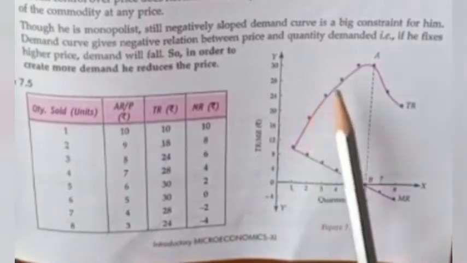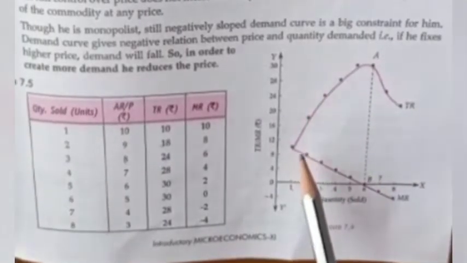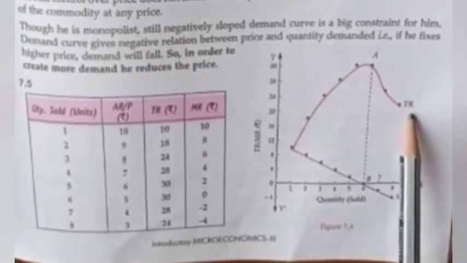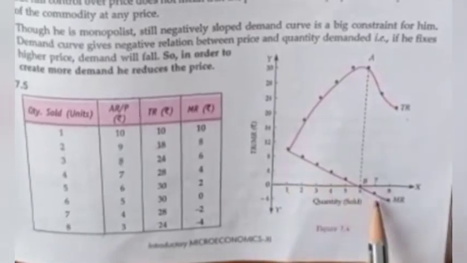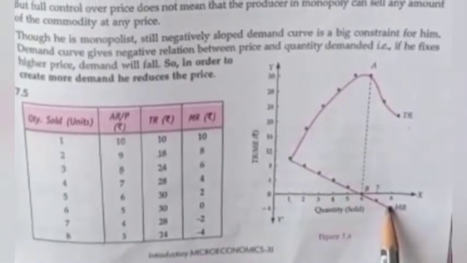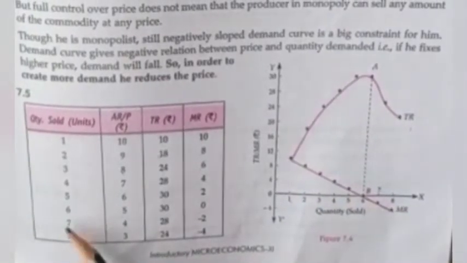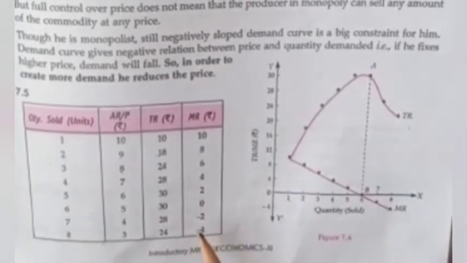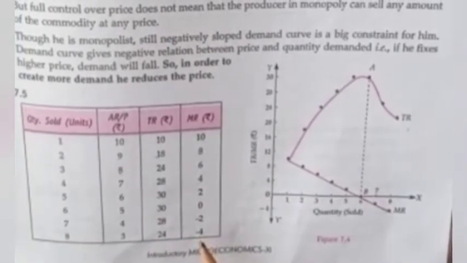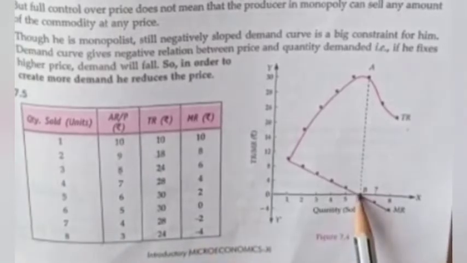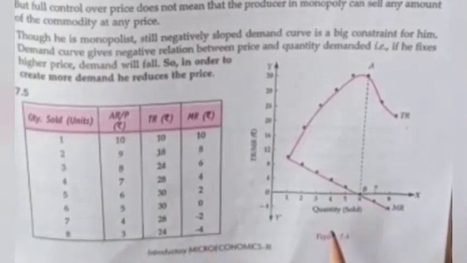We keep on plotting like this and we get the curve of total revenue in this way and marginal revenue in this way. When we sell the 7th and 8th quantity we get negative marginal revenue, that's why it is under the x-axis. Okay, students?